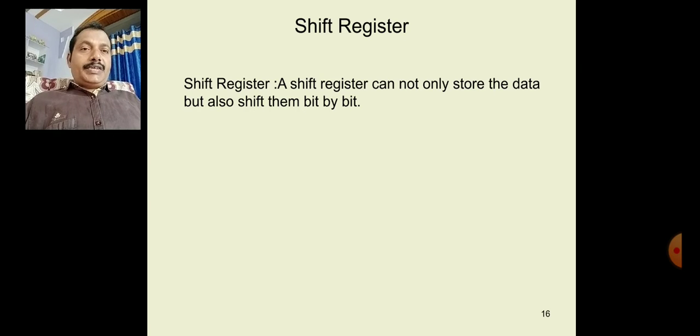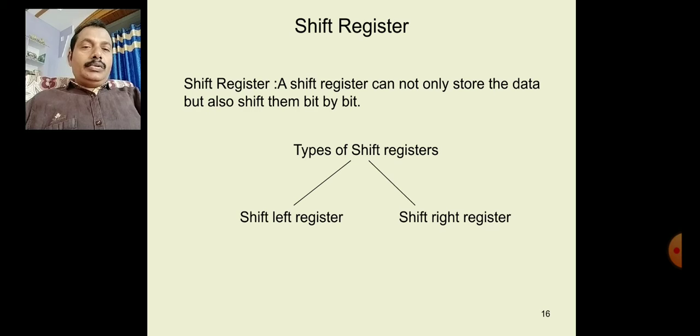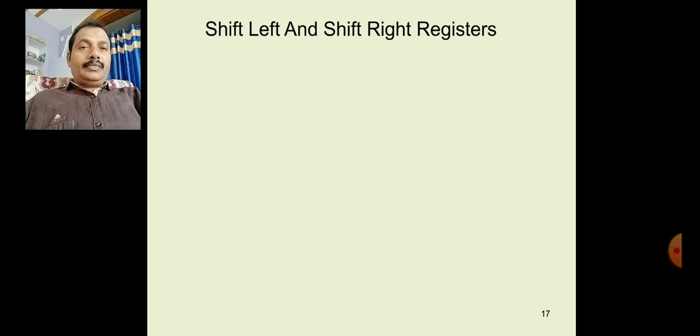So a shift register can not only store the data but also shift it bit by bit. Here, shift left and shift right, two possibilities are there, hence two types.